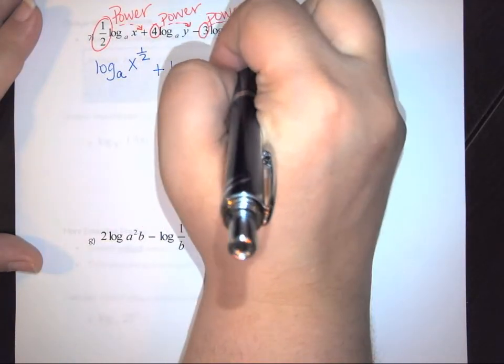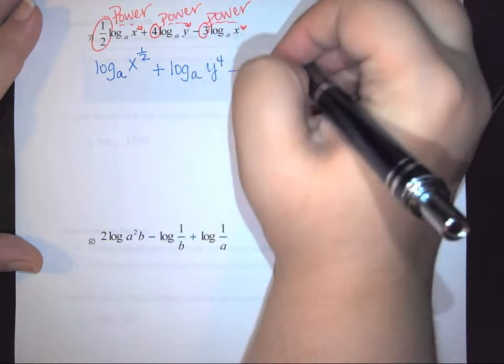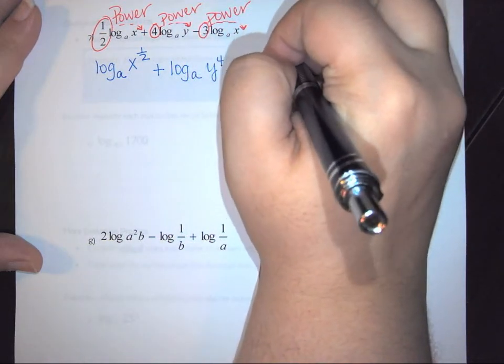So this is minus log base a of x to the 3rd.